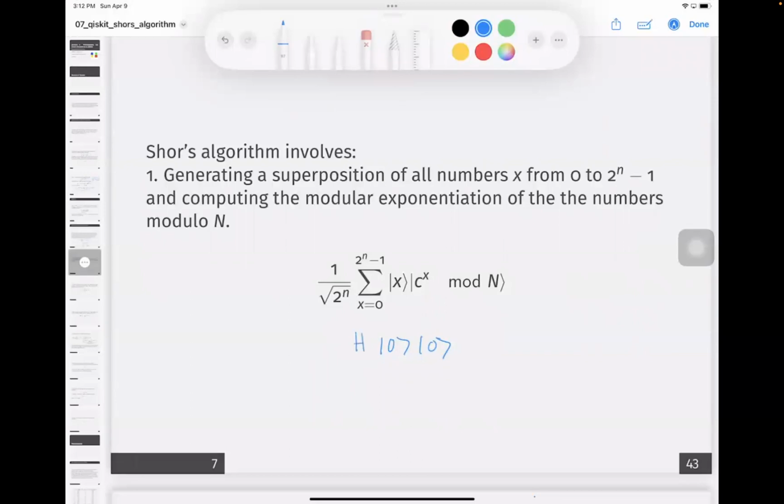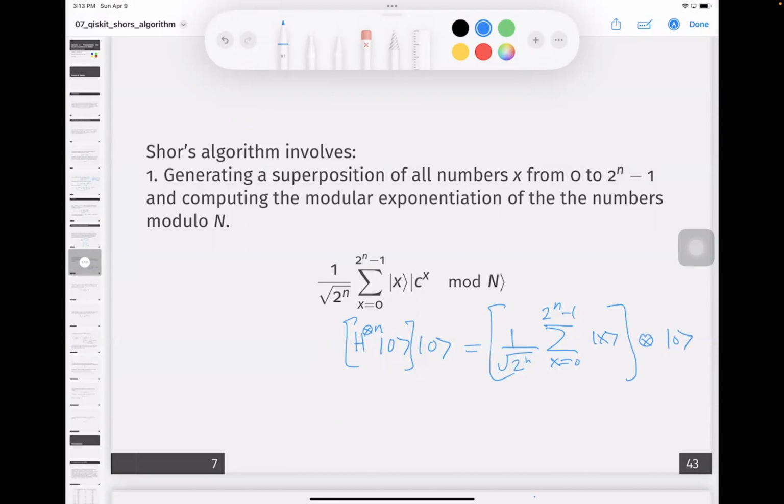So we have H here, applied to the n qubits in the input register. This will give us 1 over the square root of 2 to the n, summation of x equals 0 to 2 to the n minus 1, of x, and this is the tensor product with the output register.